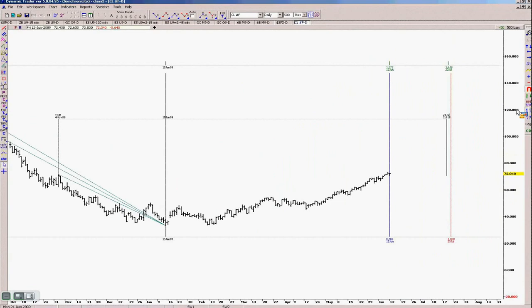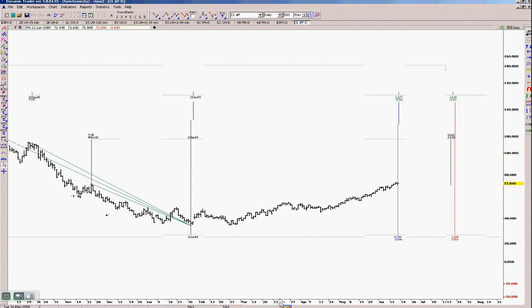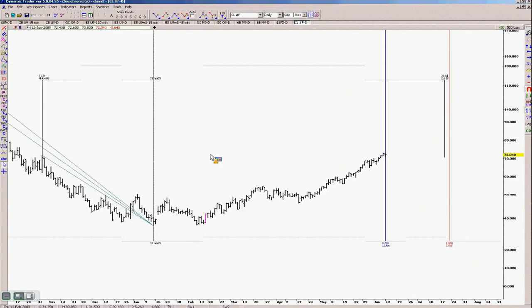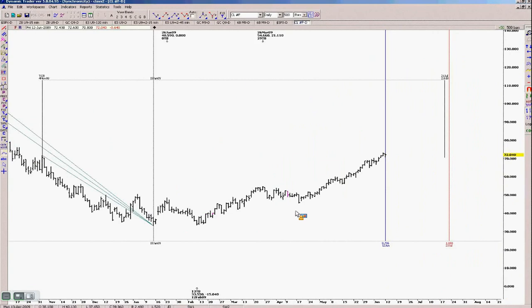Yeah. I mean, right now, running these timing cycles, we're looking for a possible top. So let's look at the highs and lows that might be important now as far as the analysis and timing. These are pretty much the swings that I want to work with.